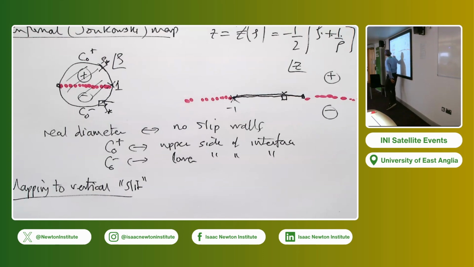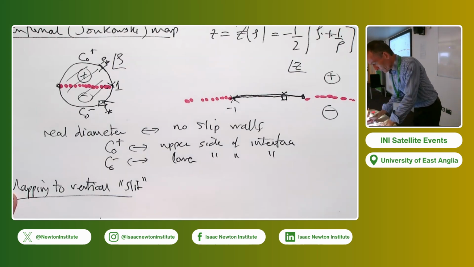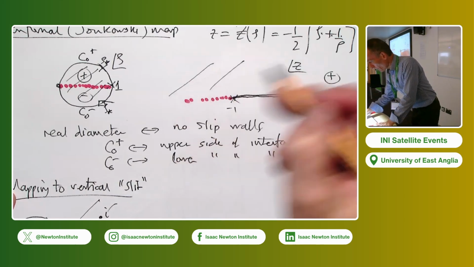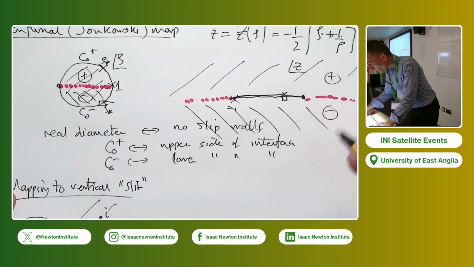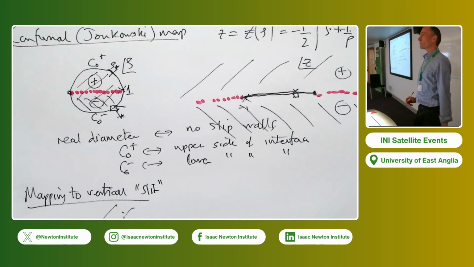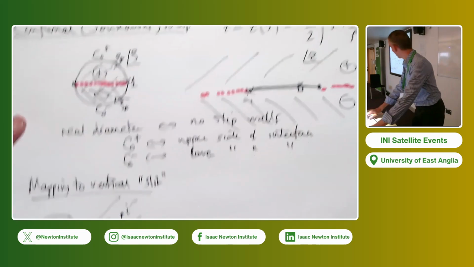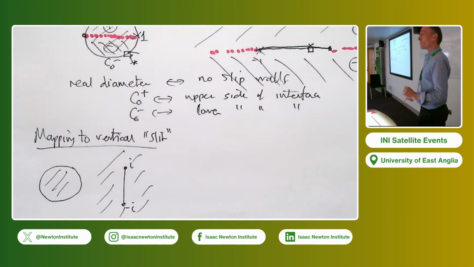This circle maps to a slit and back. I want the same circle to map to a slit and back that's vertical. Any thoughts?